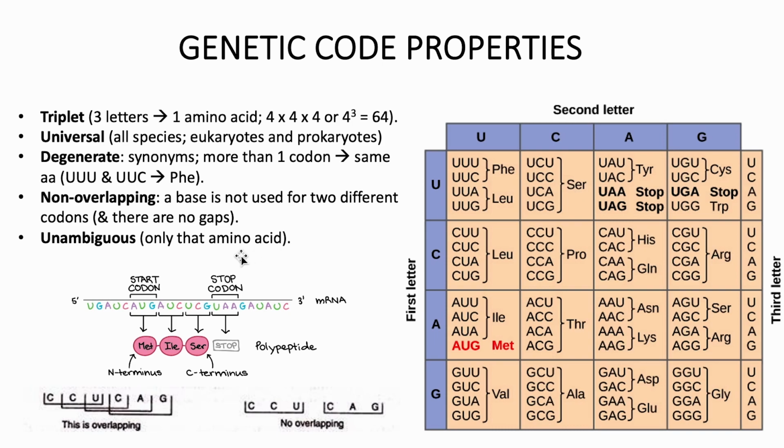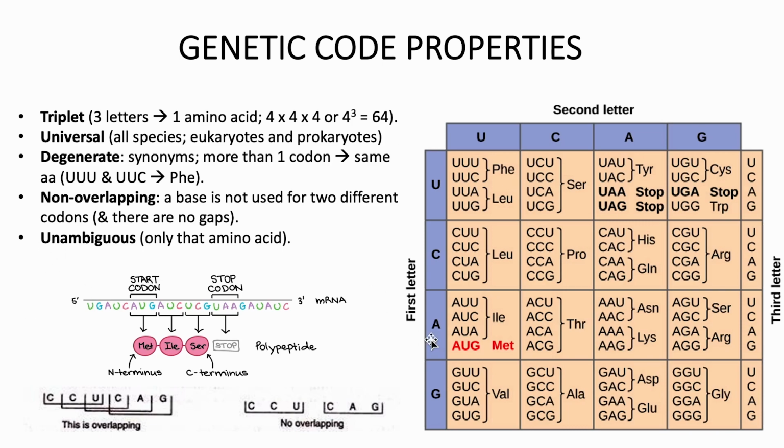Another property is the genetic code is unambiguous and non-overlapping. Non-overlapping means the ribosome is going to read the letters, the bases, 3 at a time. 3, then 3, then 3, then 3. It's not going to read 2 and then 3 and then 1 and then 3. It's simply 3 at a time.